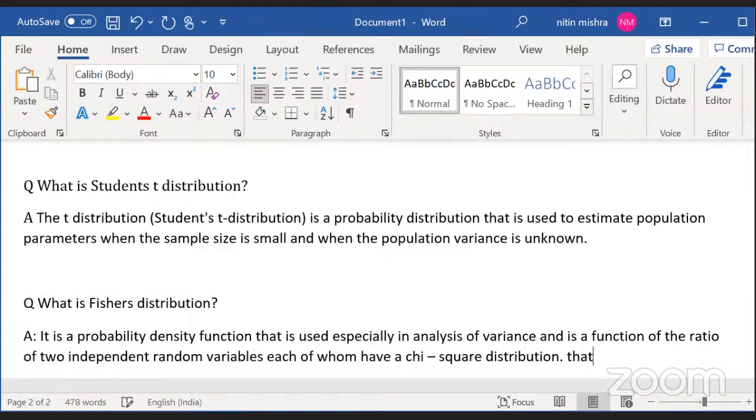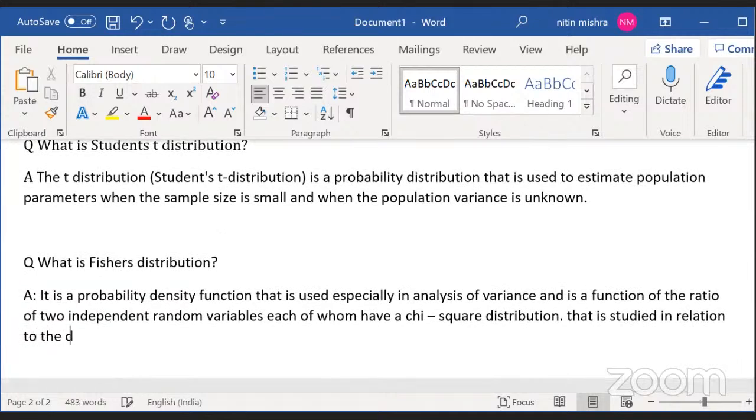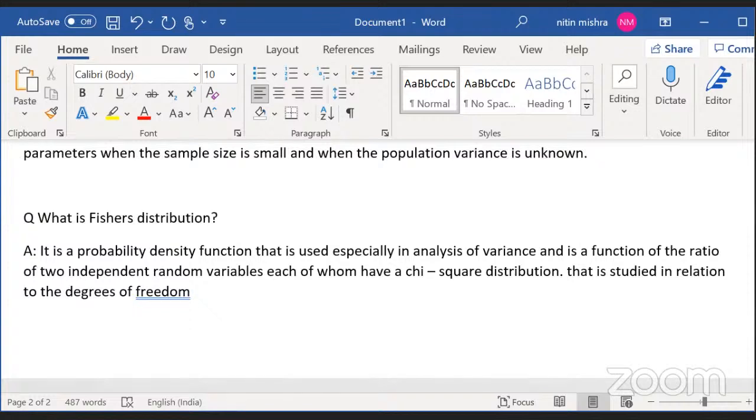Not has degrees of freedom, that is studied in relation to the degrees of freedom. So that is what it is.